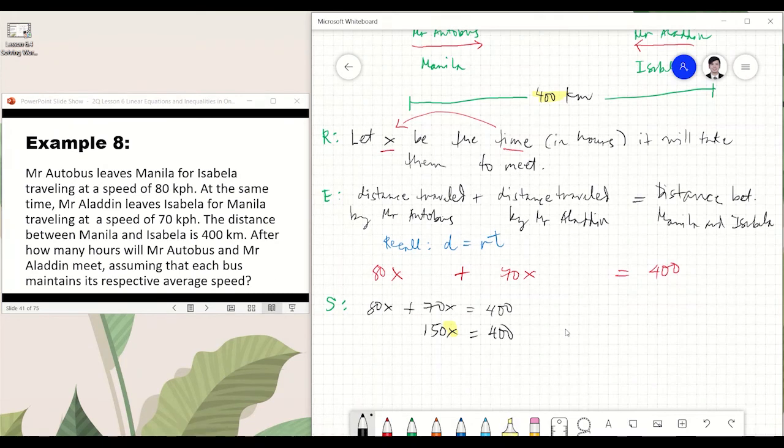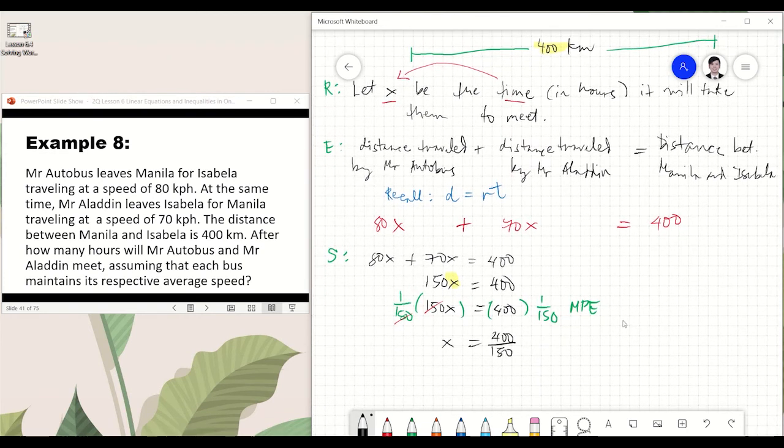So, ang kailangan natin gawin, we need to multiply the reciprocal of 150, which is 1 over 150. Whatever you do on the left, do on the right. So again, that's MPE, multiplication property of equality. So maka-cancel out yung 150, yung matitira x. So meron na tayong 400 over 150.